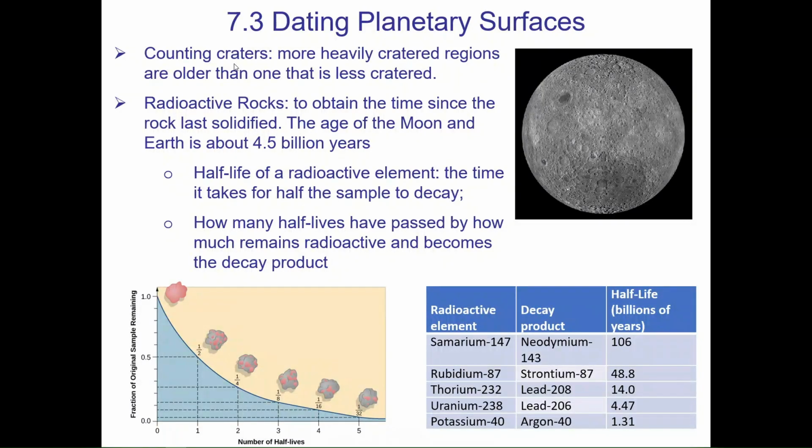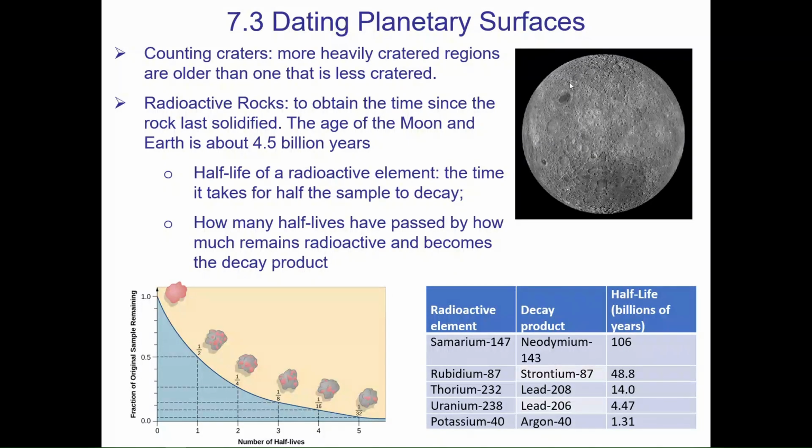So in terms of time, it's a very, very long time ago. Then the bombardment period stopped a very long time ago. If the surface still has a lot of craters, we can safely say the surface has not really changed for a very, very long time. So that's why we can define the surface as older. So this is basically the time since the rock last solidified.